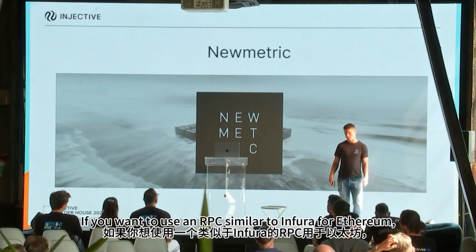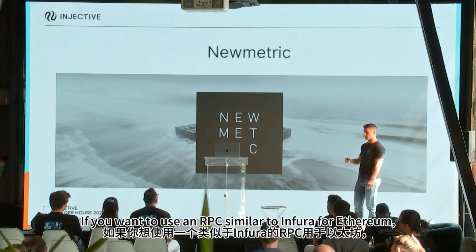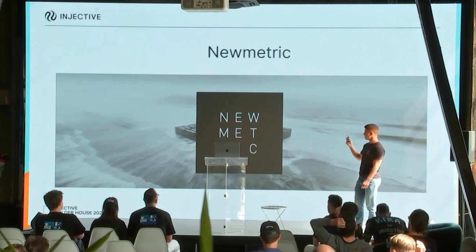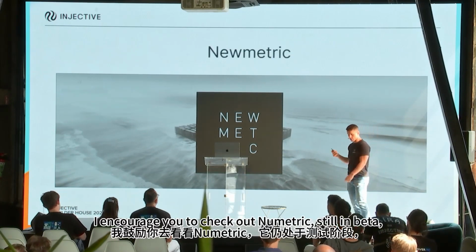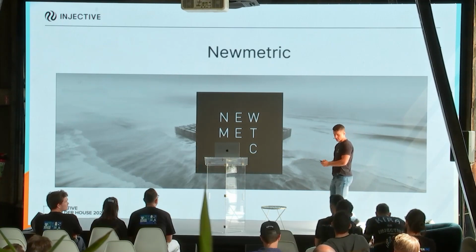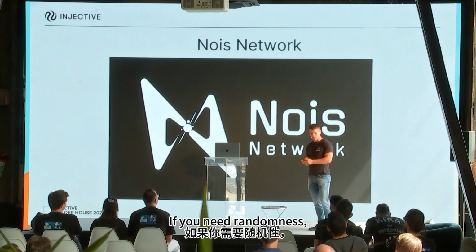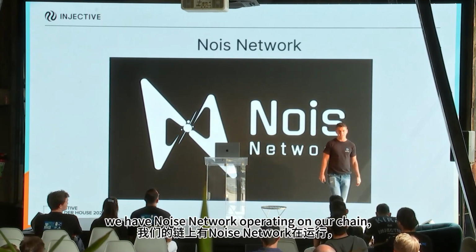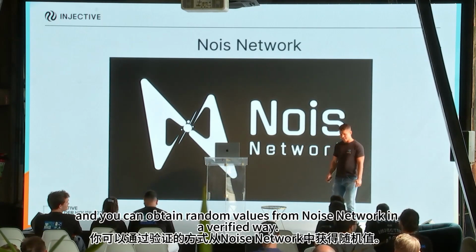And if you want to use an RPC endpoint, like Infura for Ethereum, I encourage you to check out NewMetric, still in beta, but a very cool project. And if you need randomness, we have Nois Network working on our chain, and you can get random values from Nois Network in a verified way.